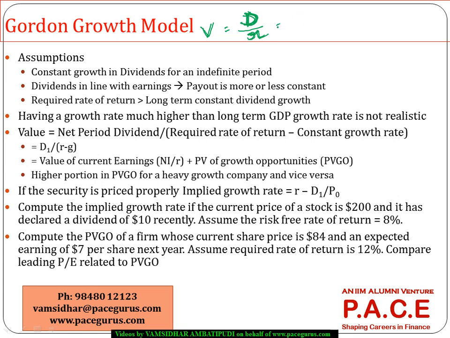So the value of such a company is simply the dividend divided by the required rate of return, D by R. This is more or less like a constant dividend model, and it is used very heavily in the case of preferred stock, where the dividend is fixed and constant for the entire period, and the required rate of return of the preference shareholders can be known.